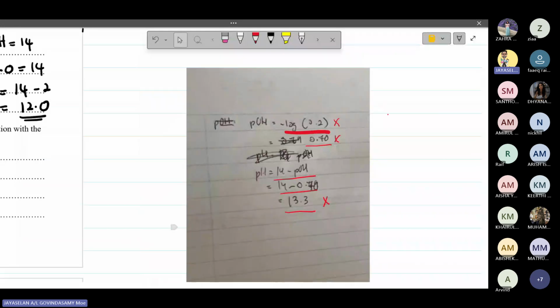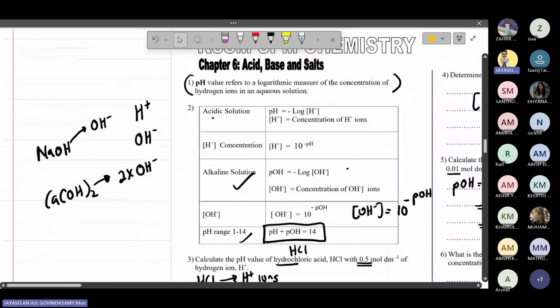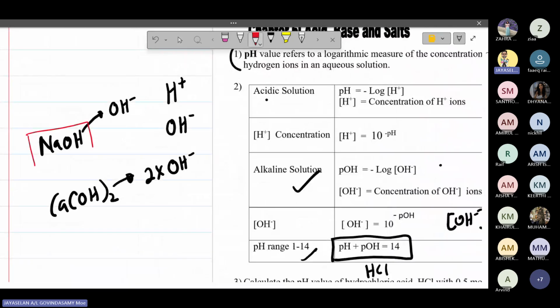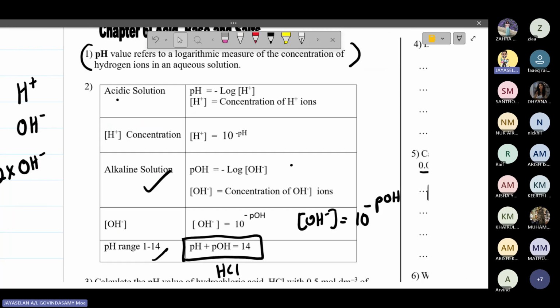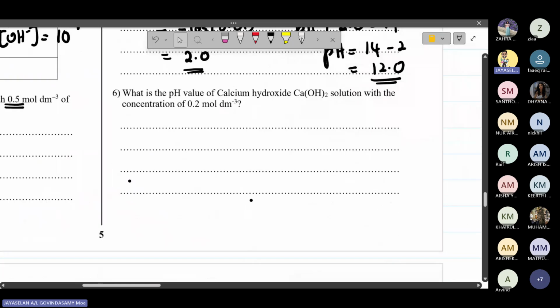Okay, so ini tak dapat. Remember the first thing I say? Before we start, the pH value refers to the concentration of hydroxide ion or concentration of hydrogen ion. Okay, so dalam sini, first point, apa you kena buat?